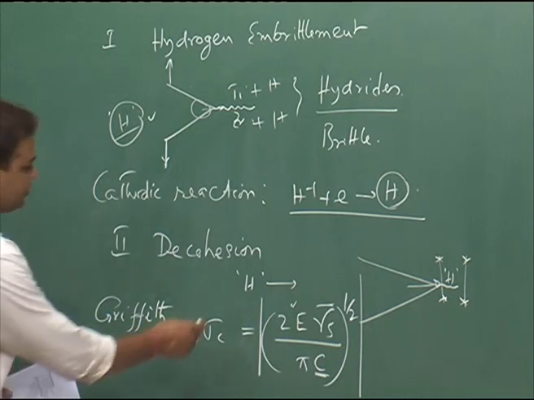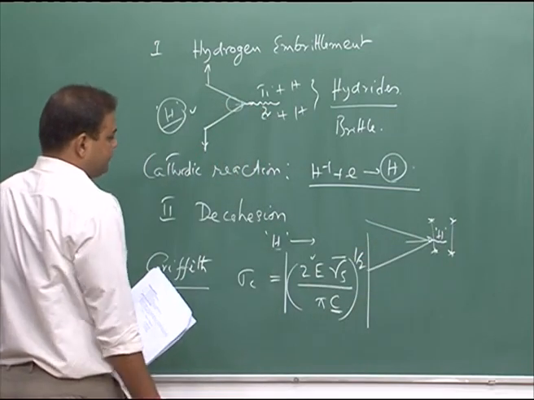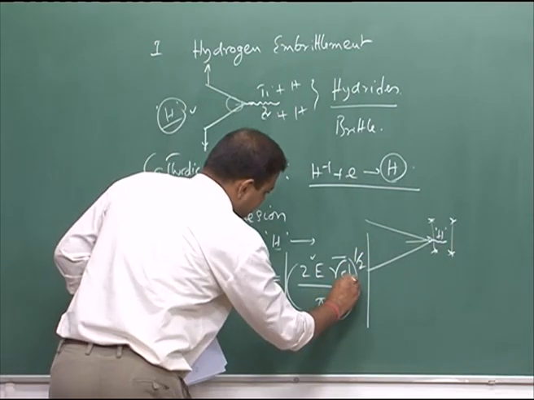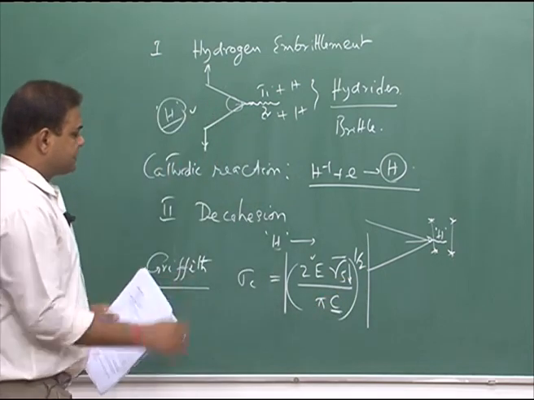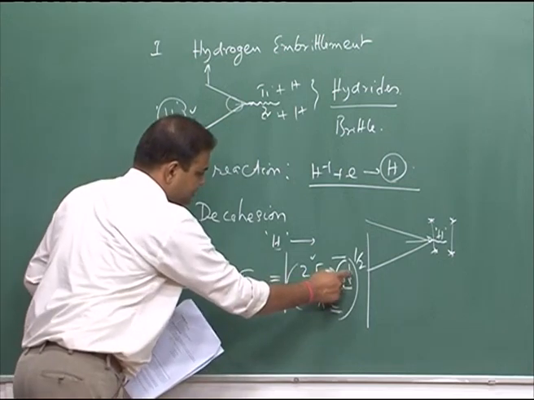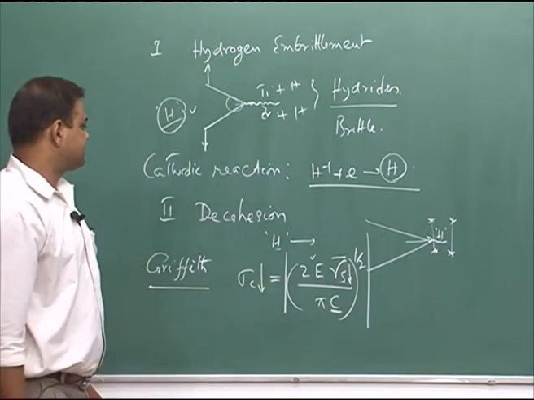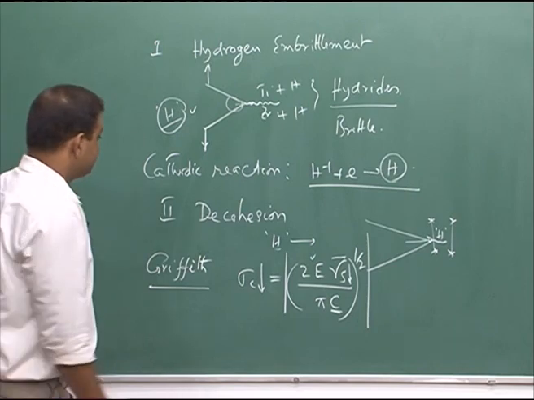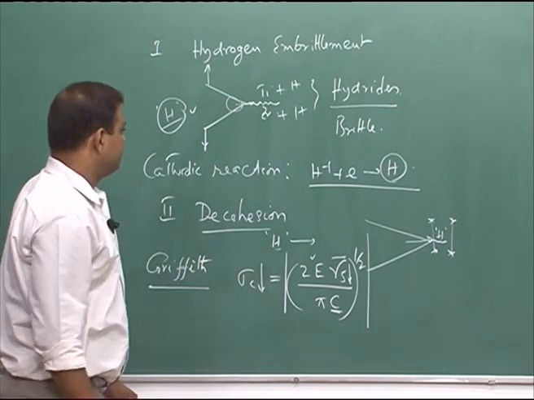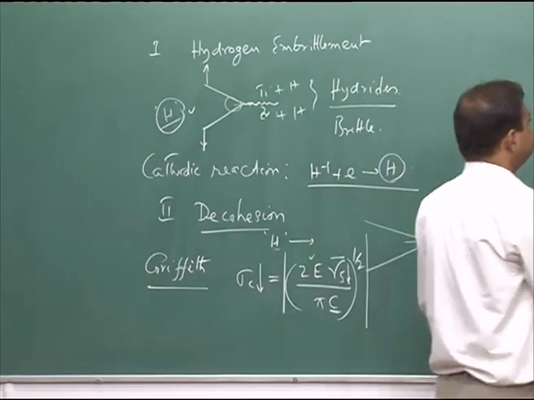Now, atomic hydrogen goes inside the bond and the surface energy reduces, and once it reduces, the fracture stress would also reduce. So, at a lower stress the fracture can happen. This is called decohesion theory. Then you have hydrogen induced plasticity.